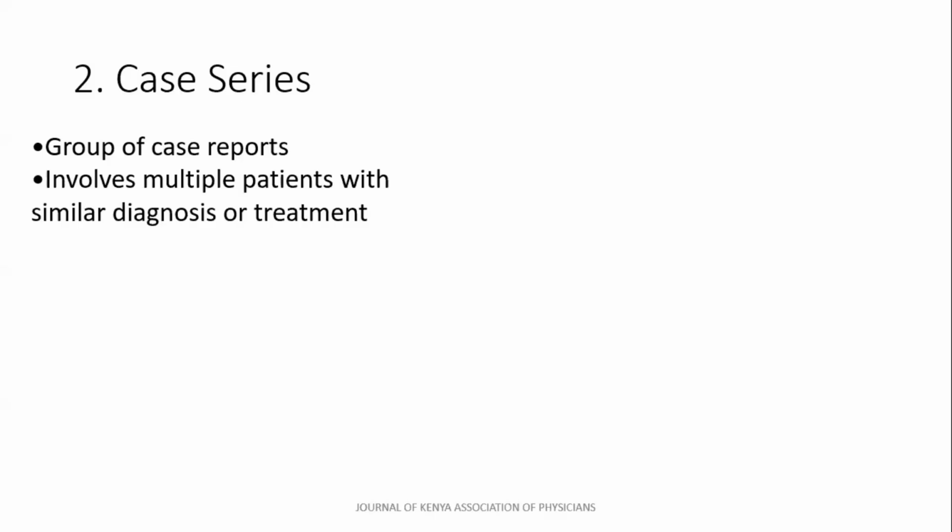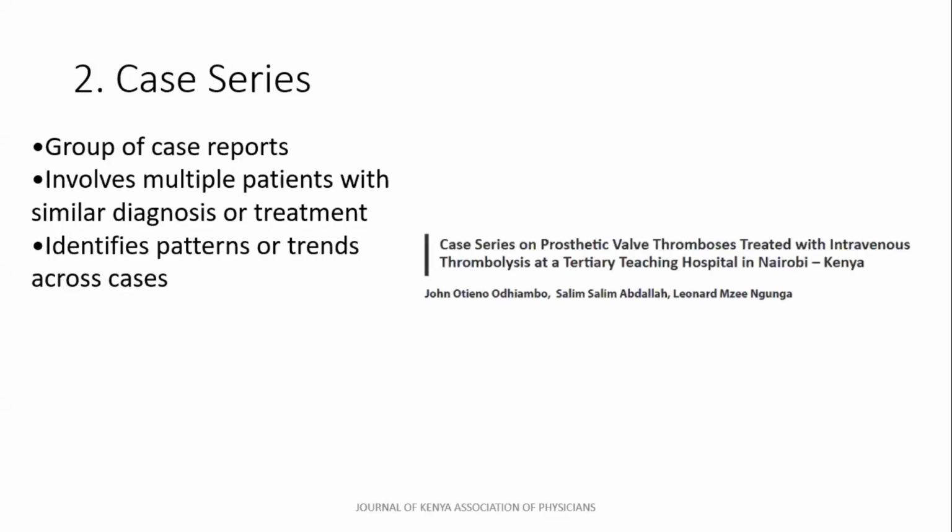Some people say 30, 20, depending on a number of factors. Because they're based on more than one individual, case series can help us identify patterns or trends across cases better compared to a case report.